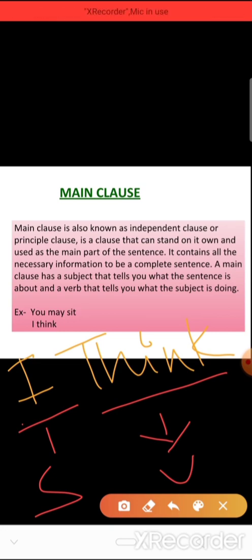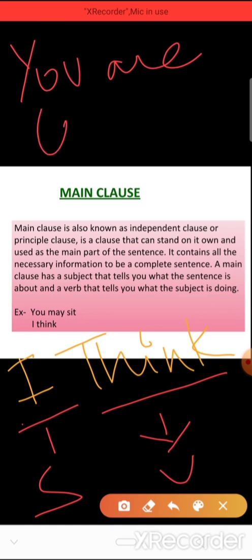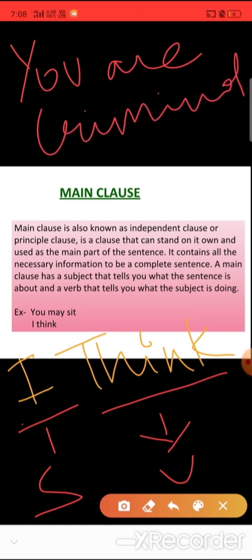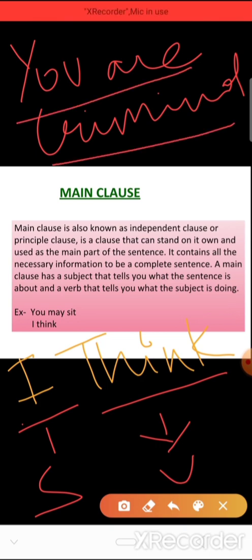If I add, I think you are a criminal. "You are a criminal" is another part of the sentence. But "I think" is complete in itself.